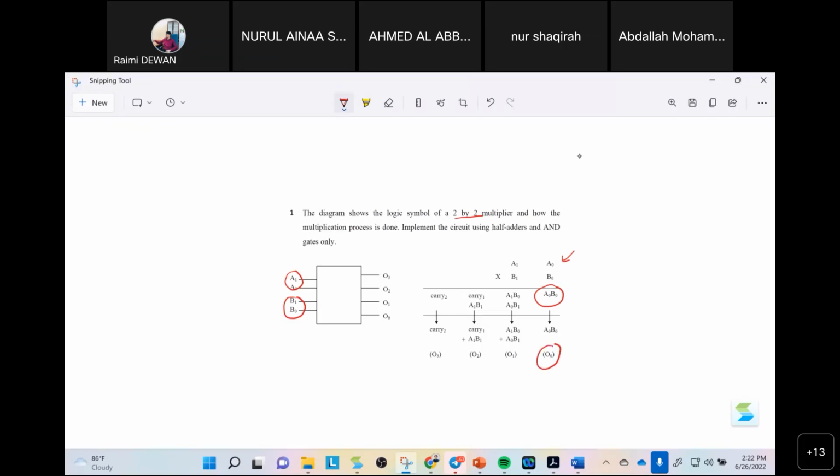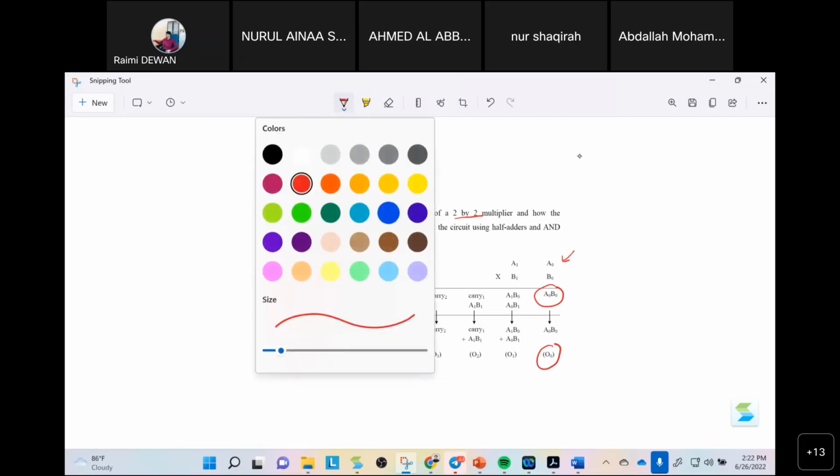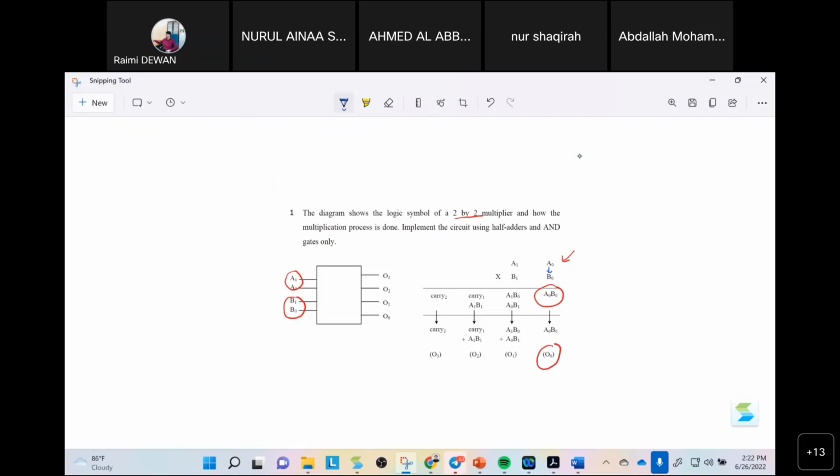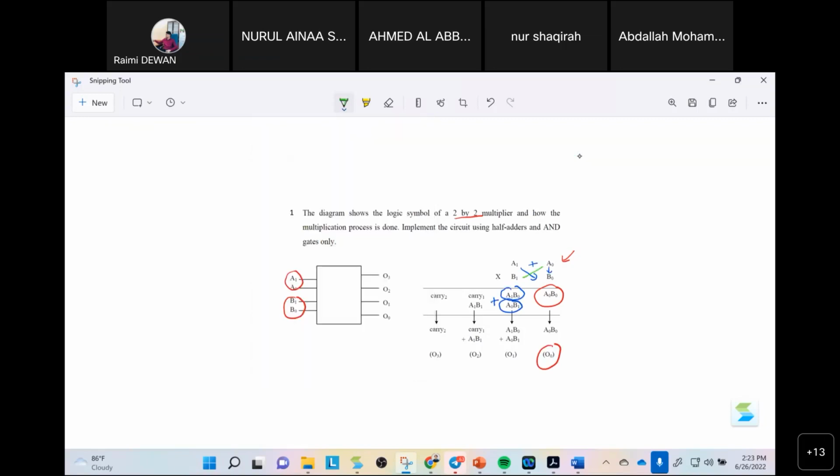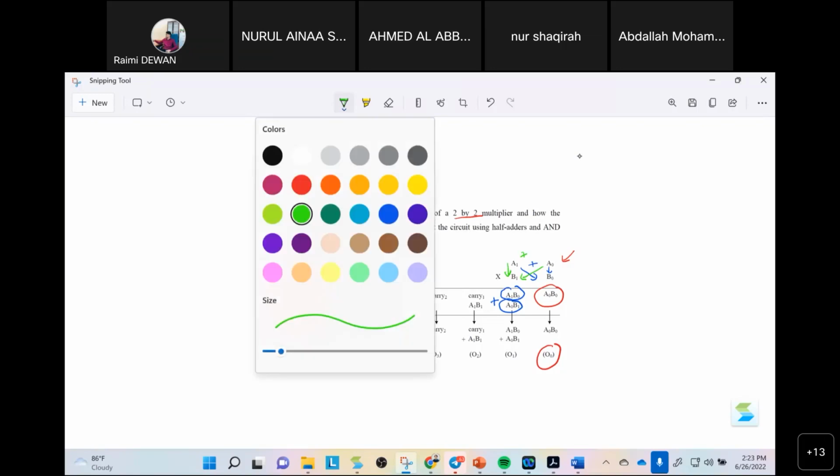Then the next is A1 times B0 plus A0 times B1, which is why you have this part.